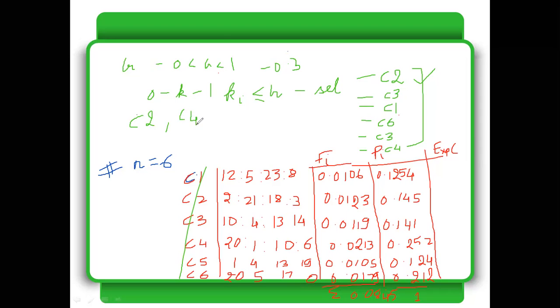Okay. So now I'm going to proceed towards my next step, that is this crossover operation. So once you have your parents selected, now what is C2?